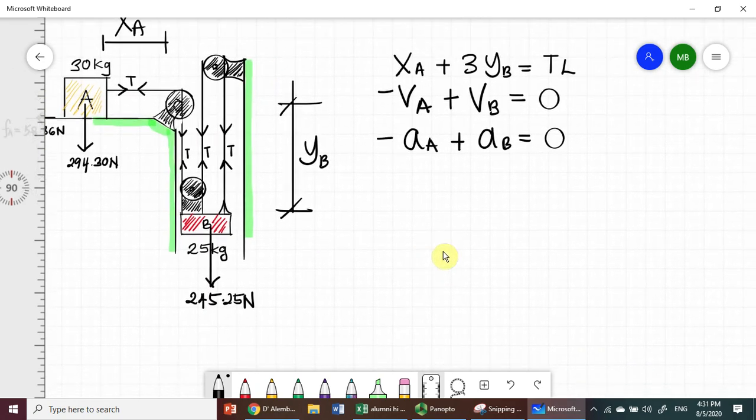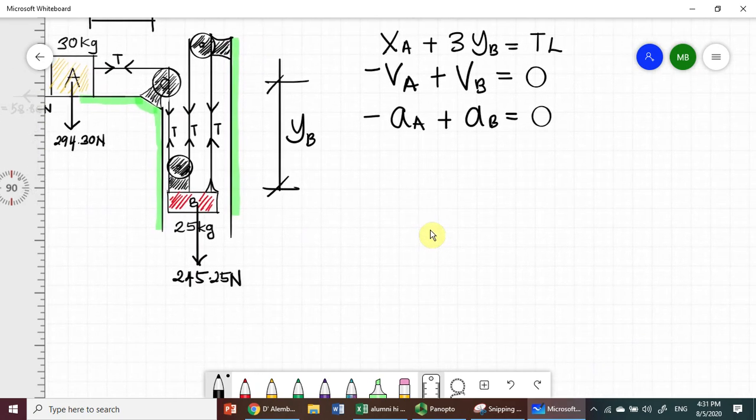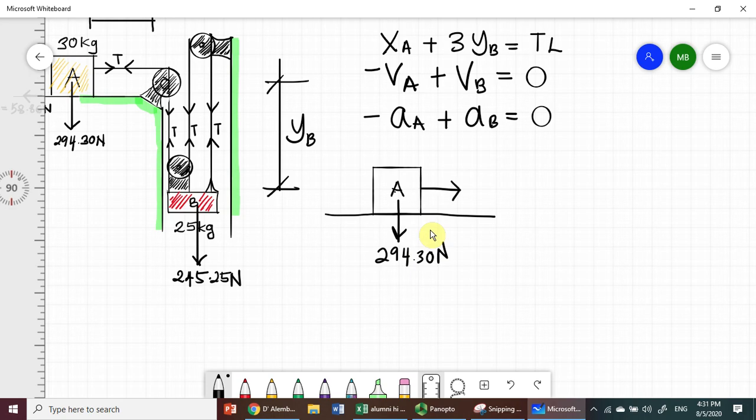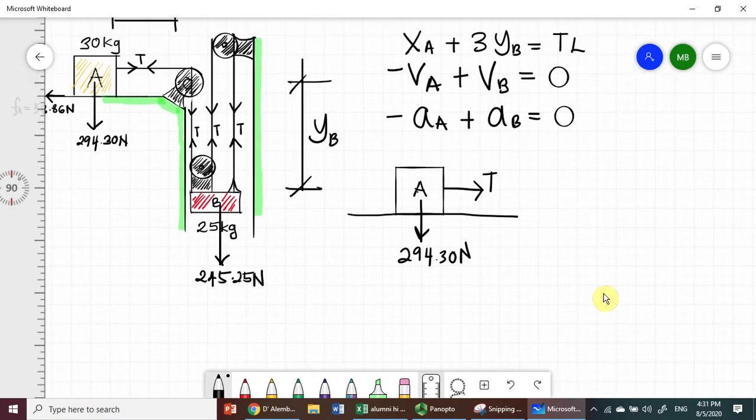Now we need to draw the free body diagram and kinetic diagram for each block. So here we have block A. We have a weight here, 294.30 newtons. We also have a tension of the cables. And we also have the friction.